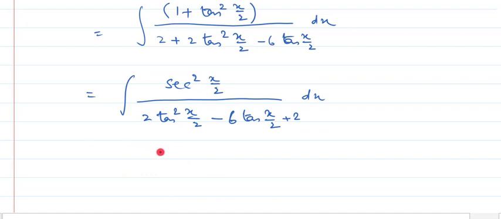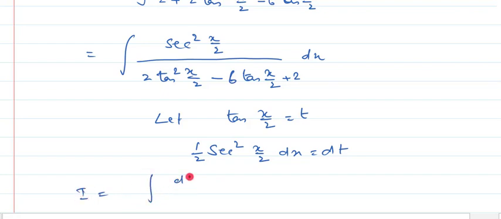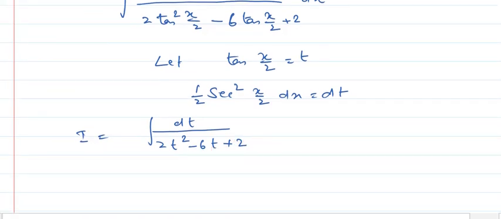Same change. Let us suppose tan x upon 2 as t, which is having integration as secant square x upon 2 into 1 upon 2 dx is equal to dt. Do the changes. I is equal to dt upon 2t square minus 6t plus 2. Okay. Now you know very well what to do.